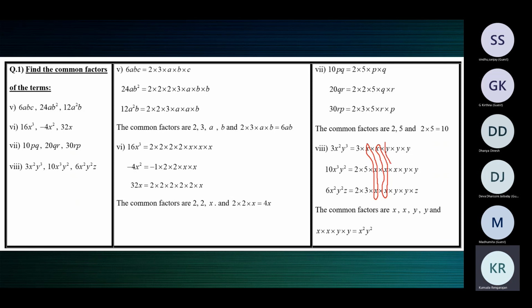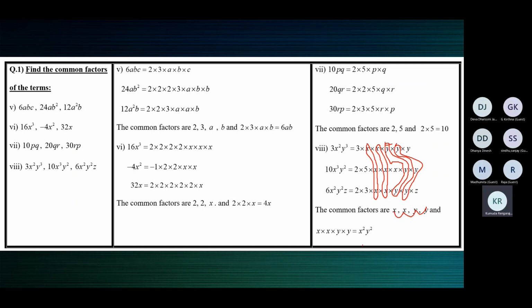All the three have a y, and another y. That's it. So their common factors are x, y, and y, and the product is x square, y square.